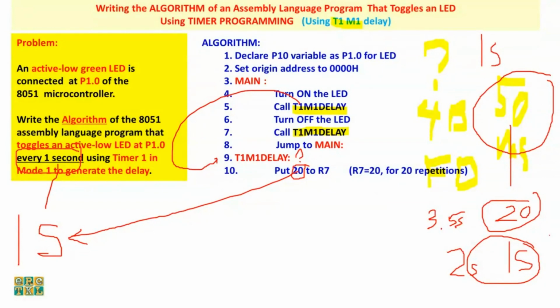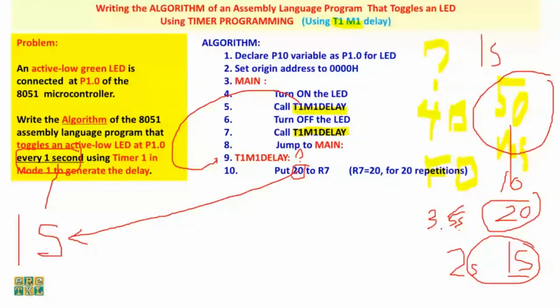No. 60? 65? Look, 20, 40, 60. 20 is 1 second. What is 10? 10 is half, so 0.5 second. So what is 3.5 seconds? 65 or 70?